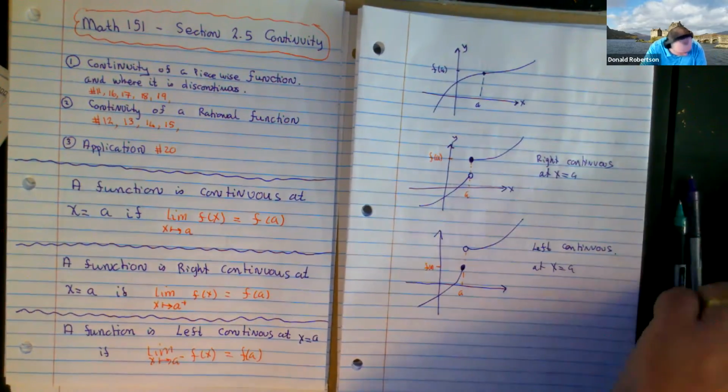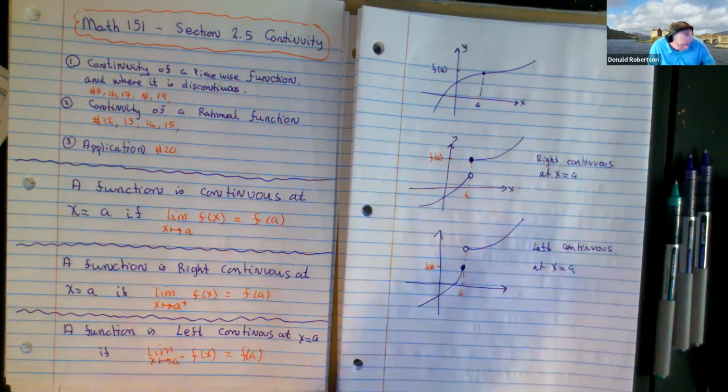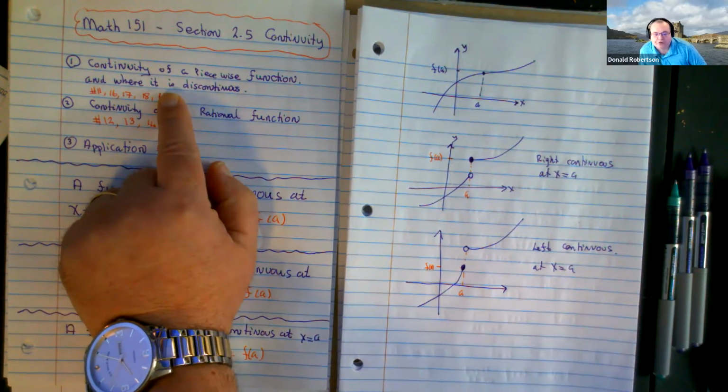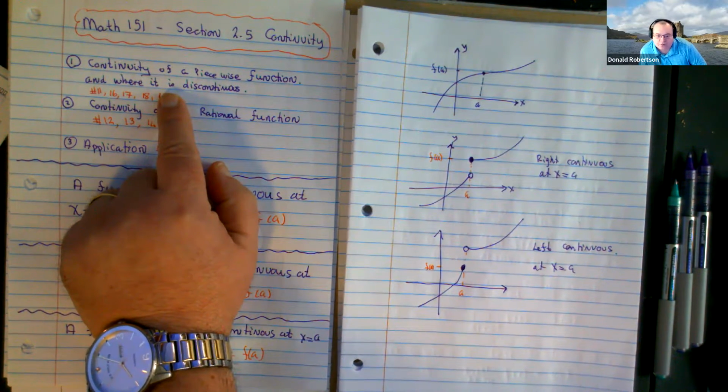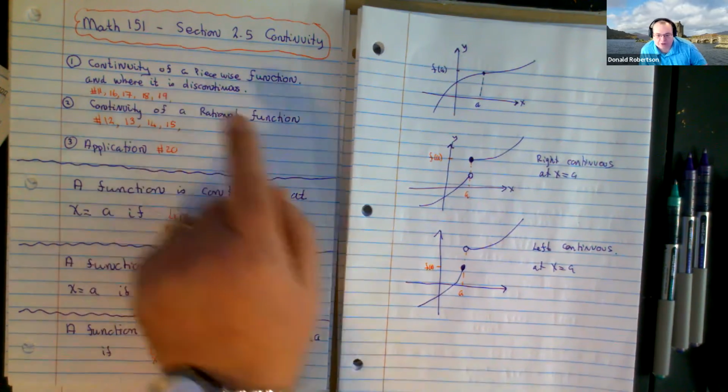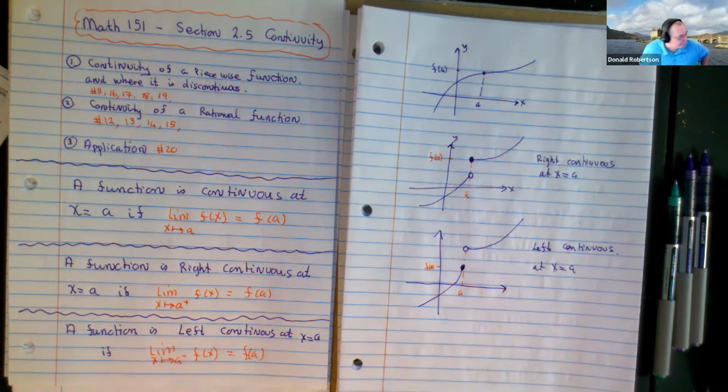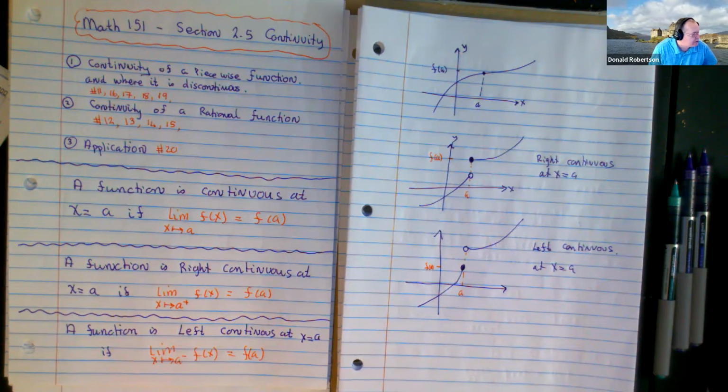So let's do questions involving piecewise functions and looking for places where the function might be left or right continuous in particular. To be able to do that, I need to use Desmos, so I'm getting that set up. I think I got it. Okay.